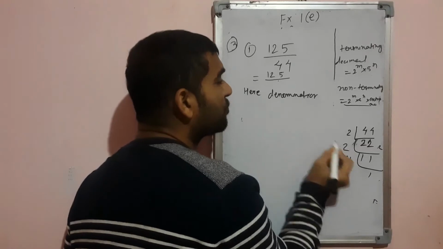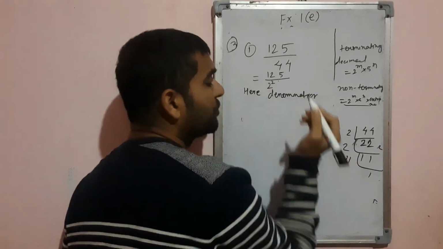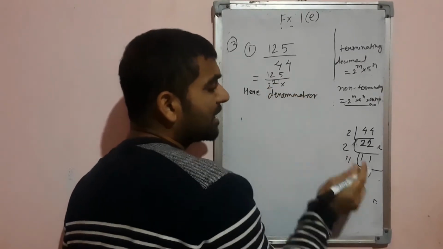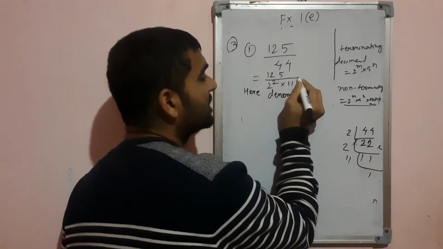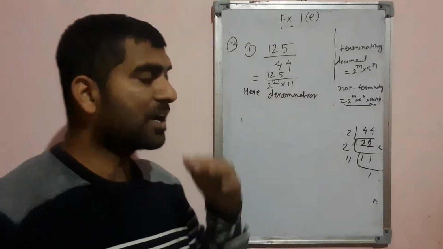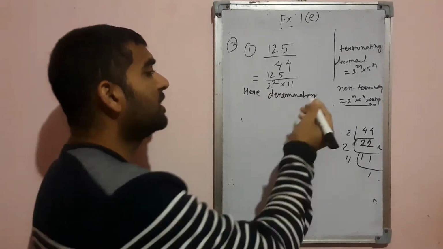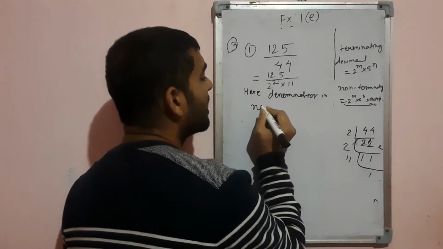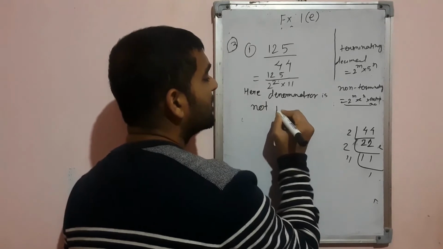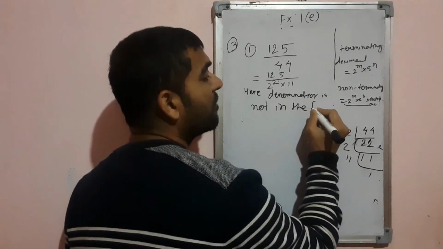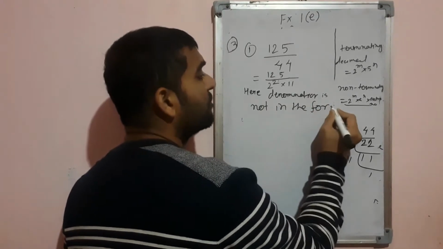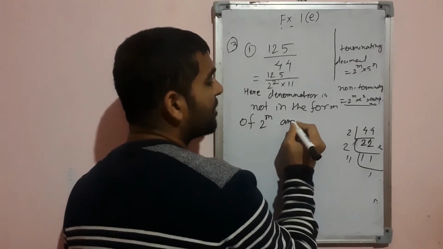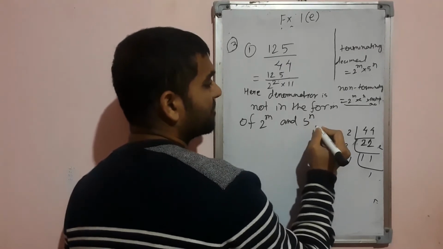Or you can write 2 into 2 means 2 power 2, into 11. So see here we are getting 2 but also an extra number 11. So what will you write here? Denominator is not in the form of 2 power m and 5 power n.